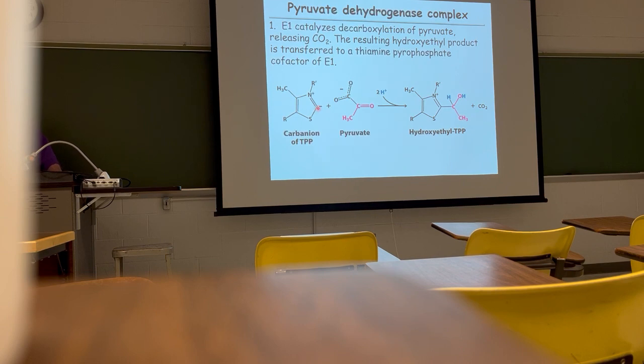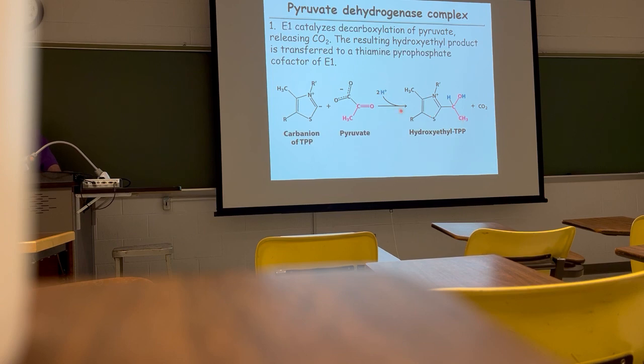This enzyme E1, pyruvate dehydrogenase, catalyzes a decarboxylation, and so this carbon dioxide in pyruvate is released as carbon dioxide gas, and the remaining 2 carbons are transferred to this carbon on thiamine pyrophosphate. So this is hydroxyethyl thiamine pyrophosphate.